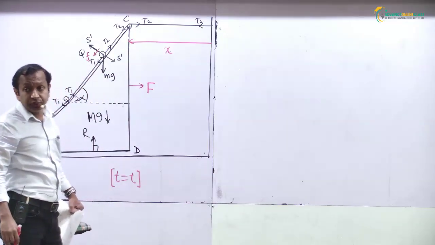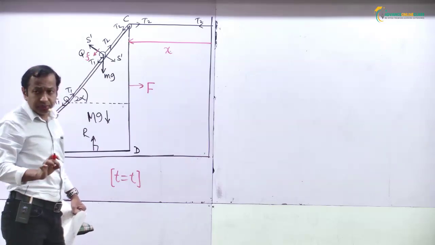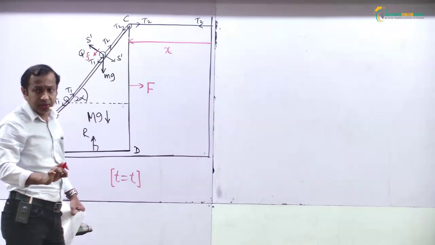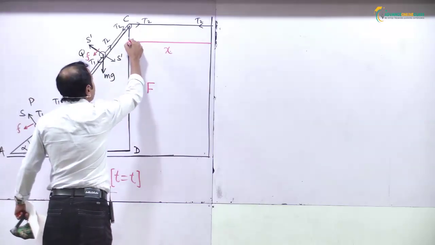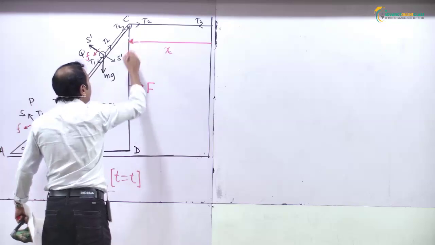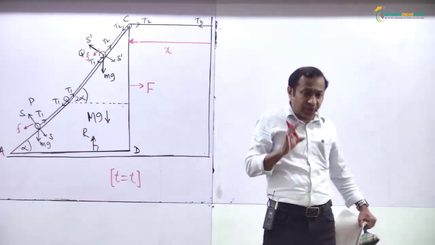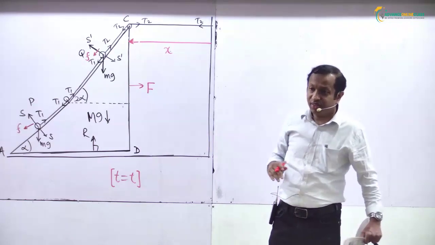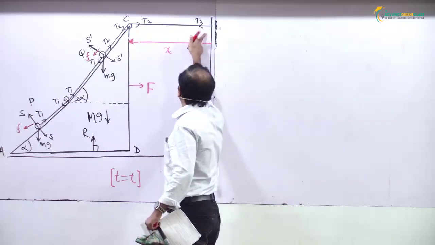This distance is x. I told you, remember, whenever we use this distance measuring method to mark the accelerations, this arrowhead should always be with the moving object. Arrowhead should always be with the moving object. Some people measured the distance from here to here and put the arrow here.